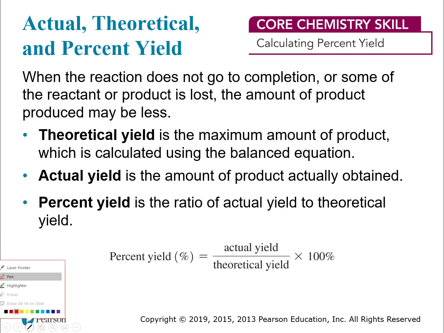So let's talk about percent yield real quick. The theoretical yield, that's the maximum amount of product that you can make. That's what we've been calculating so far. So that's the mass to mass questions. If I start with this many grams of this, how many grams of that will I make? The actual yield is the amount of product you actually obtain.